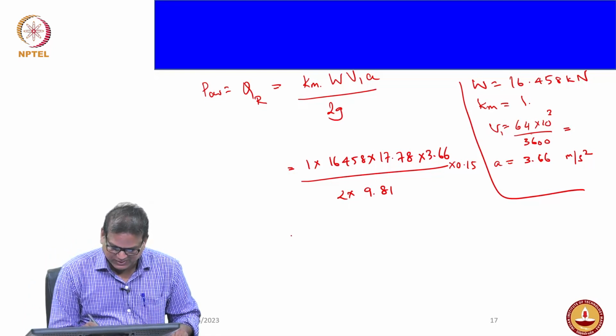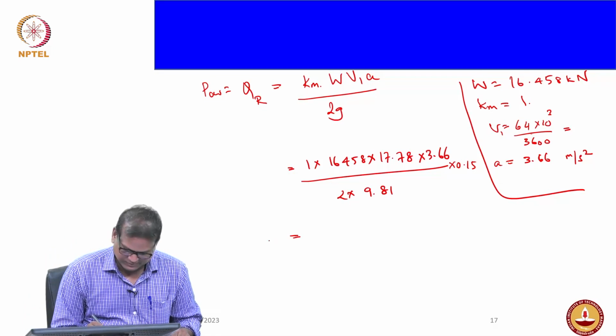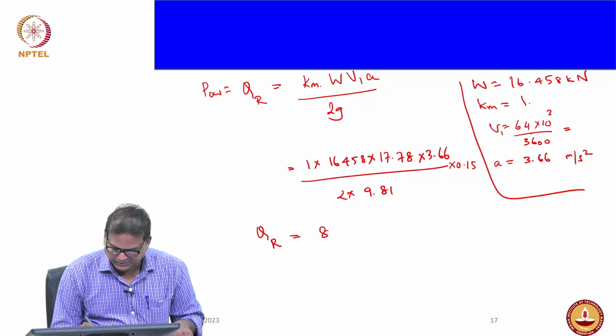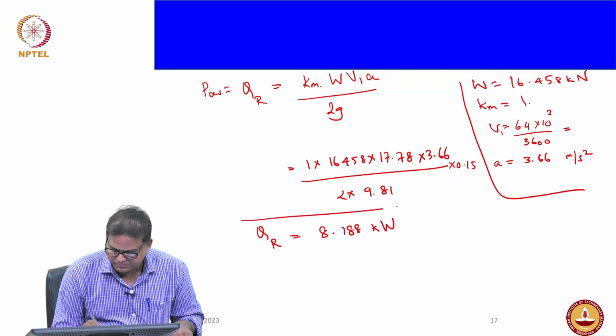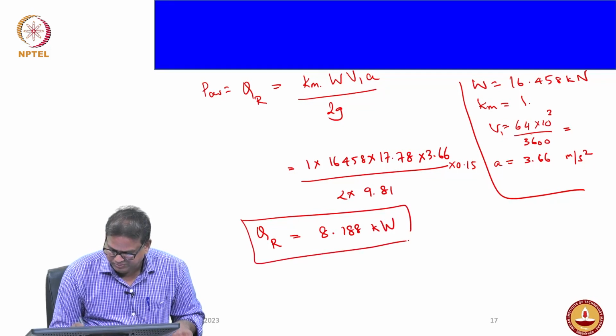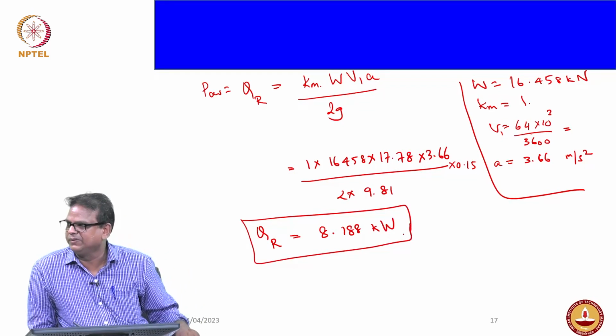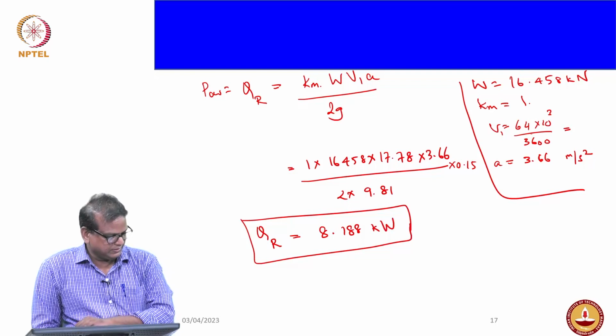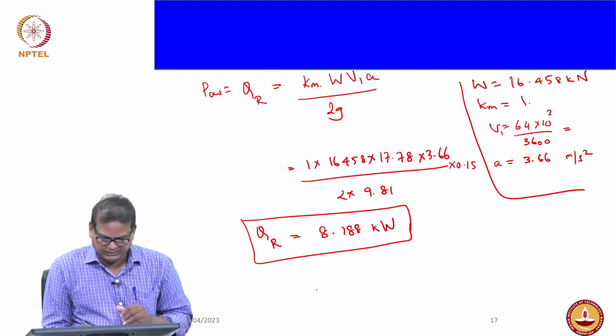Can you tell me how much energy you are getting for QR? I think you must be getting 8.188 kilowatt. This much energy should be absorbed by your rotor. So, what is the braking time TB?